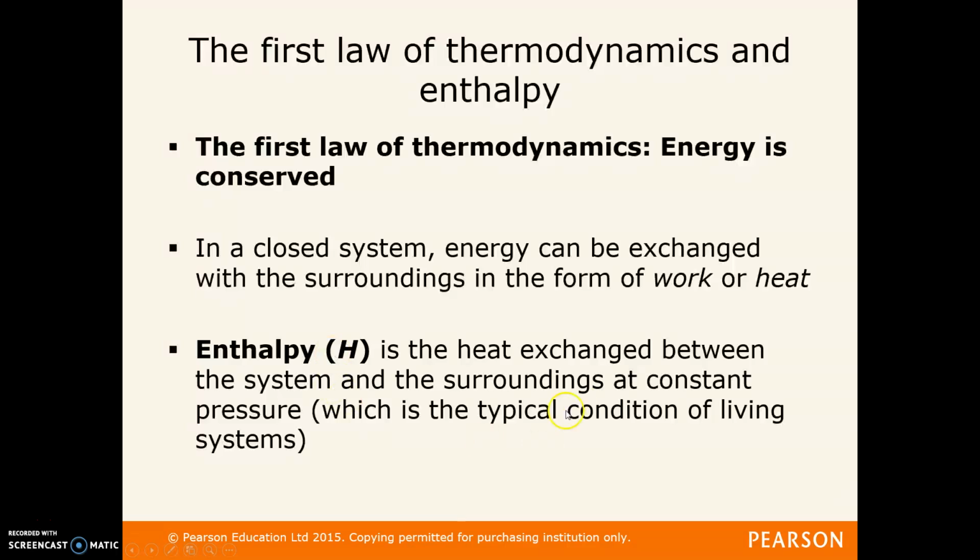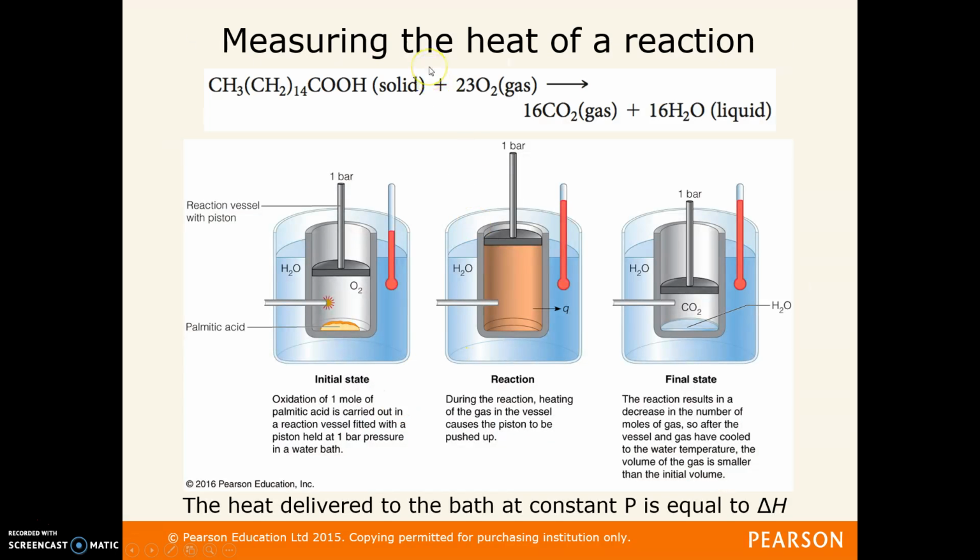This is a kind of a funny way of describing it, but it has to do with the way that we actually measure it. Okay, so here is an example of a solid, in this case a fatty acid that we are combining with oxygen, so we are burning it into CO2.